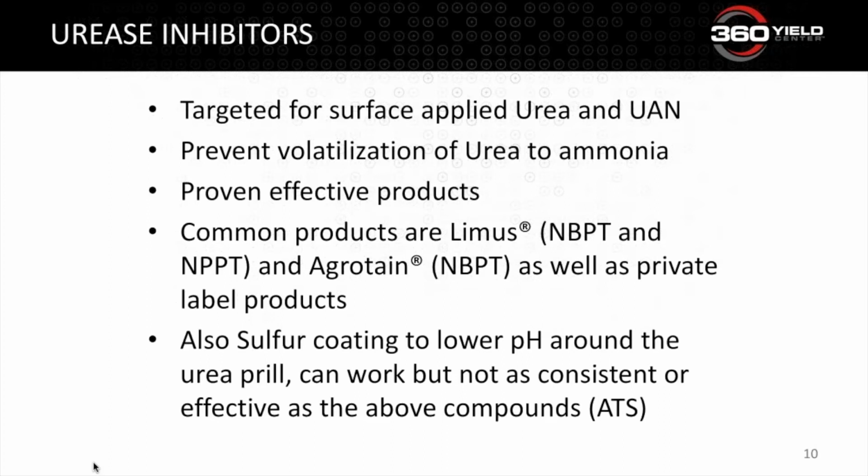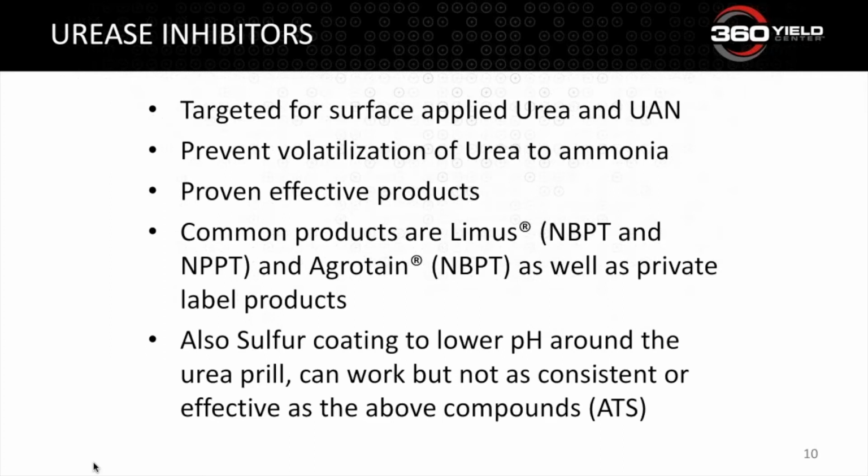You've probably all heard of Limus. Limus actually has 2 compounds, NBPT and NPPT. Agrotain has NBPT, and there are private label products as well. I will tell you these are very effective products. In other words, they do what they say. They prevent the urease enzyme from binding, so it works. They stop the process.